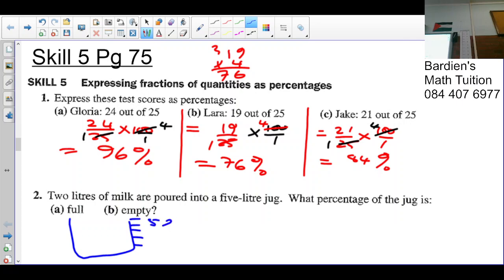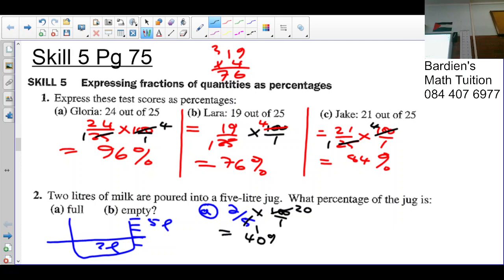You're pouring 2 liters into here. So in A, how much of the jug is full of milk? 2 over 5. But they want to know what percentage. So you multiply it by 100 over 1. 5 into 5 once, 5 into 100 is 20 times. 20 times 2 is 40%.